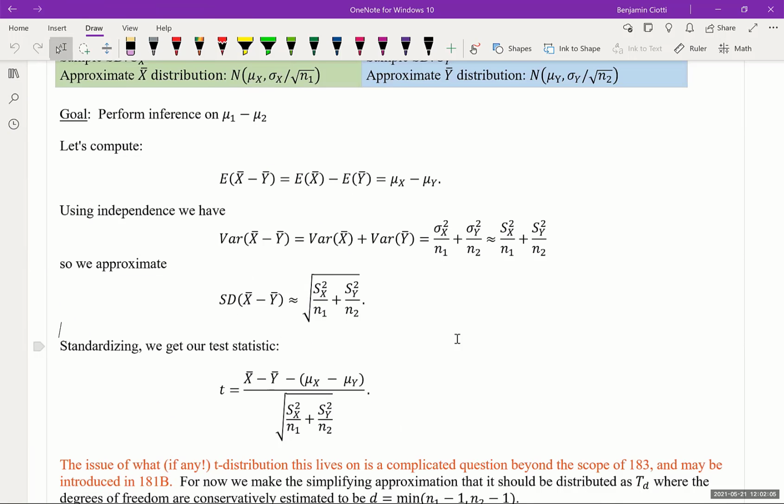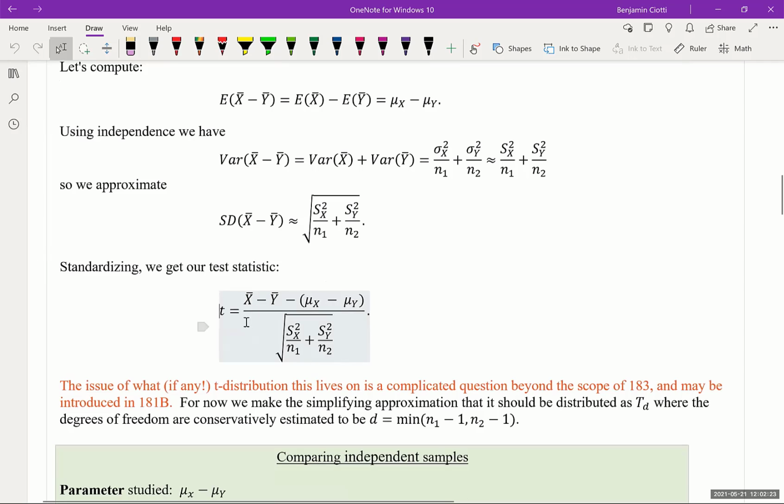So let's see. Let me start off with maybe warming up or talking a little bit more about the two sample t-test. Specifically, I want to talk about the distribution that the test statistic lives on, because it's kind of tricky and it's beyond the scope of this class really to get too much into it.